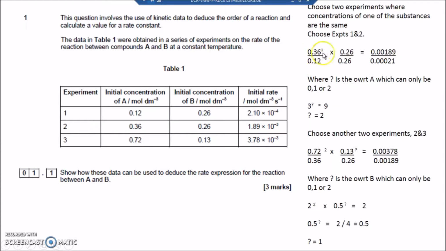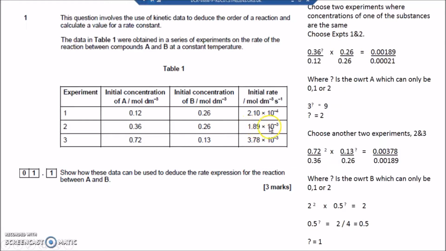0.36, and I've put a question mark, that's going to be the order with respect to A. So 0.36 divided by 0.12 to the power question mark, where the question mark is the order with respect to A, multiplied by 0.26, the concentration of B in experiment 2, divided by the concentration of B in experiment 1, 0.26 divided by 0.26, and that's going to be to the power of B. But it won't really matter because that's going to cancel.